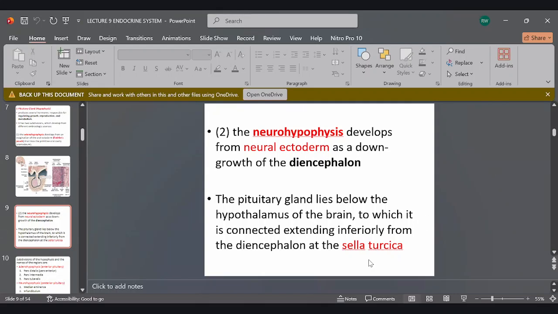For those who are doing dental, have you done head and neck? Do you remember the sella turcica?